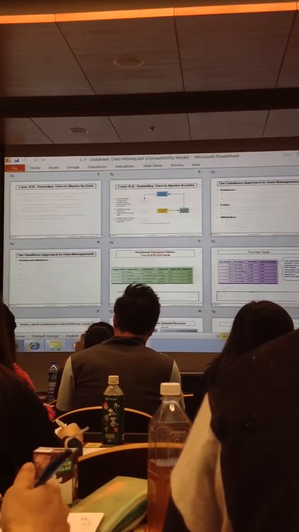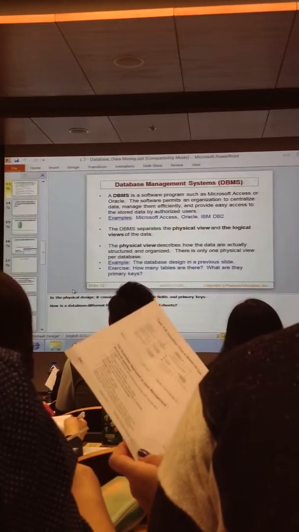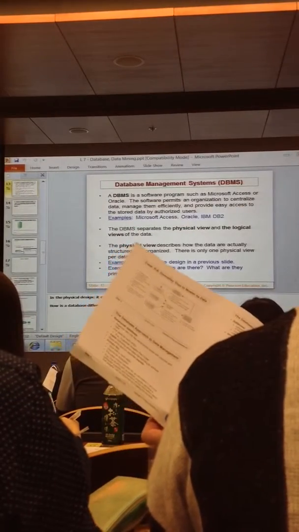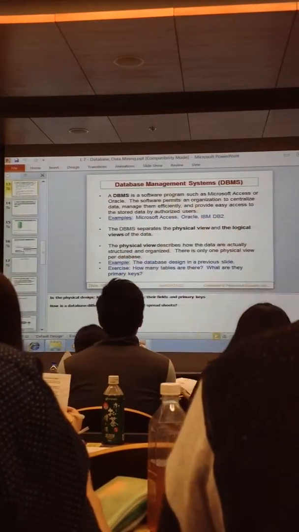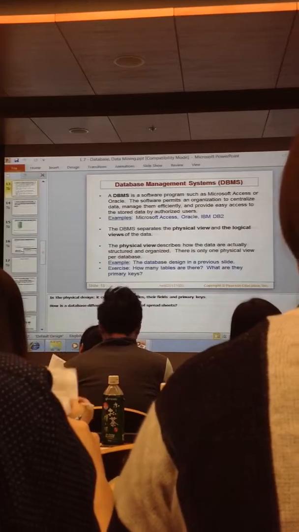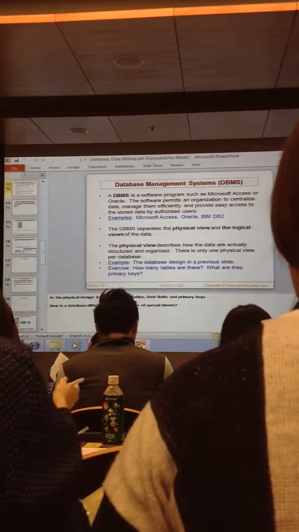In lecture 7, I started by giving you an overview of the database structure. But again, as I said before, it's not a technical course. So rather than memorizing all these tables, which is not needed, you should know what a database is and the difference between the physical view and the logical view.